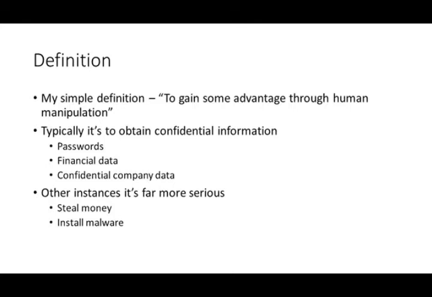Typically, it's to obtain confidential information. Passwords, financial data, confidential company data. We can all lie, we can all manipulate in order to get information that we shouldn't. Other instances, it's far more serious. To steal money, for example, or to install malware.